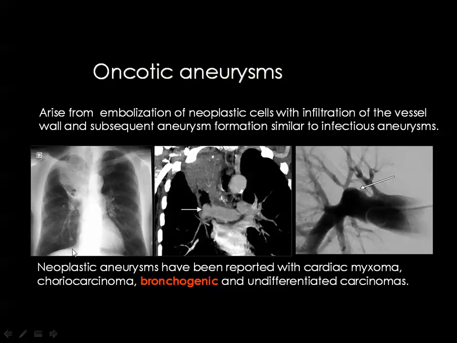And this is the chest X-ray, and you can see a mass in the right upper lobe. And by the coronal reformatted CT imaging, you can see the small aneurysmal bulge from the wall of the right pulmonary artery. And this is the selective angiogram. You can see the oncotic aneurysm.